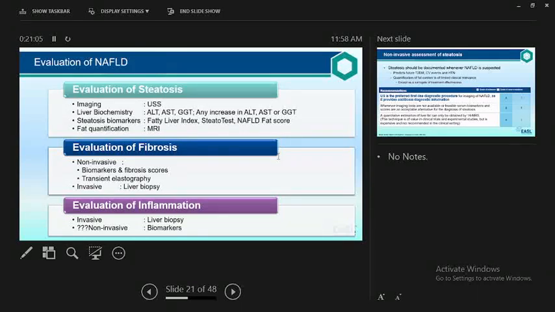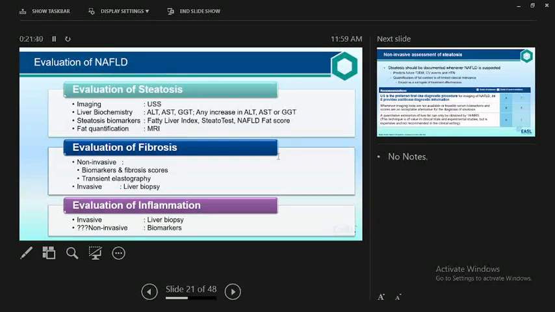Steatosis biomarkers are not very much validated. There are several biomarkers: steato index, NAFLD fat score, and fatty liver index. Those are not very much validated for steatosis, so don't get confused about the terms. And if you need to quantify fat, MRI is the best, because steatosis is defined by the presence of more than 5% fat in the liver. Out of the liver weight, 5% is fat. If it is more than that, that is steatosis.